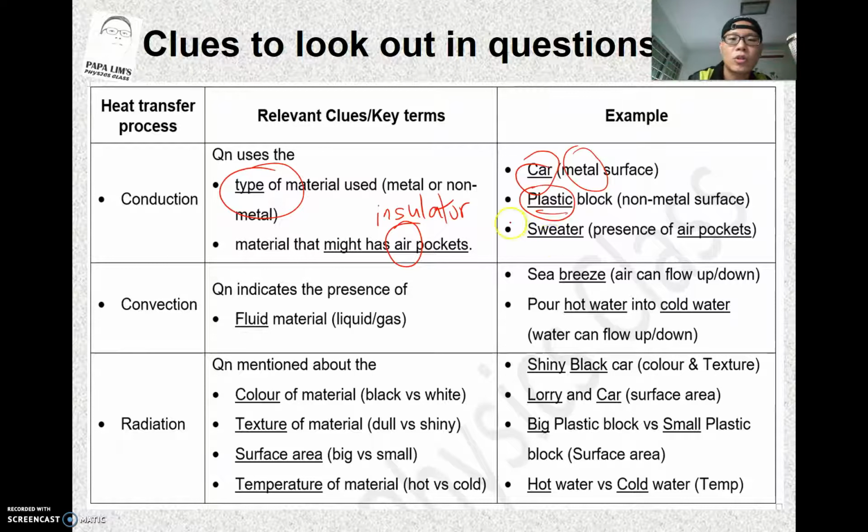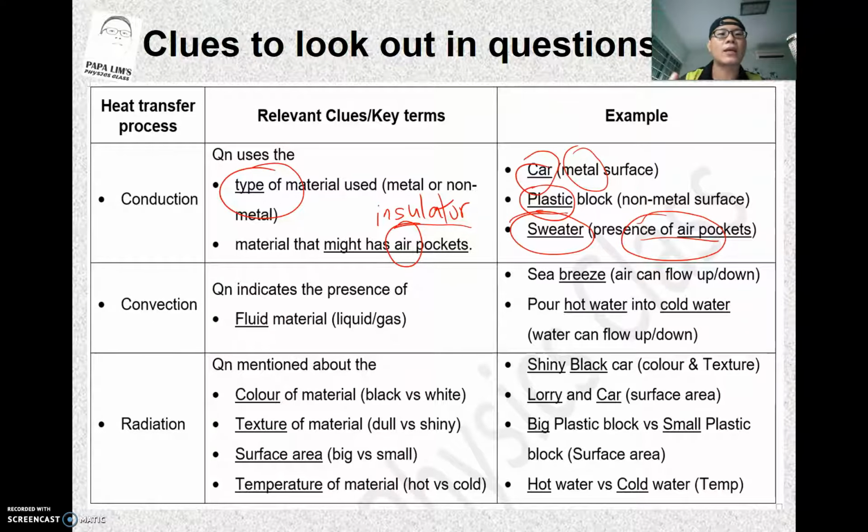For example, when I talk about sweaters of different colors, different nature, different design, the color, design and sizes we cannot infer just from the word sweater. But one definite clue we can infer from the word sweater is that in the sweater lining there will be air pockets, and their presence tells us that the air pockets are being employed as an insulator.